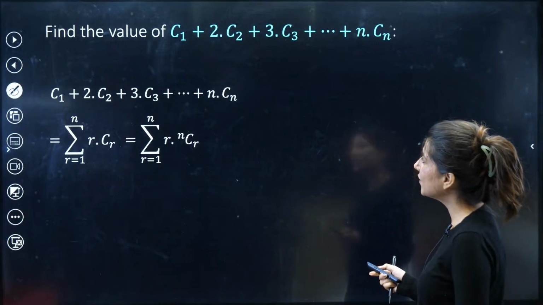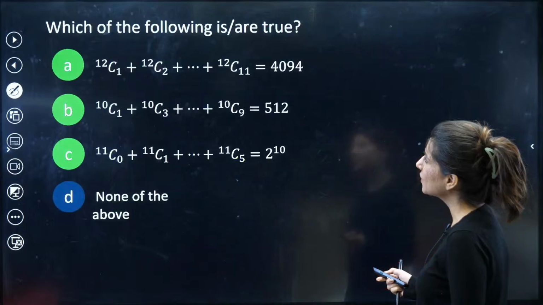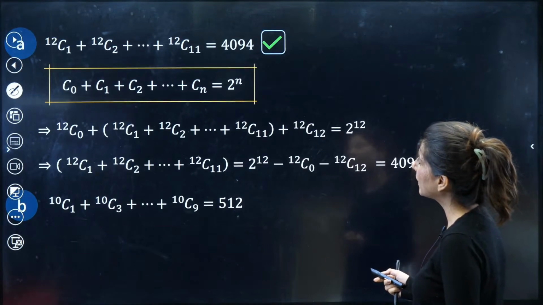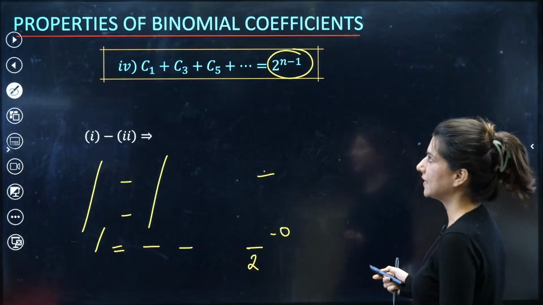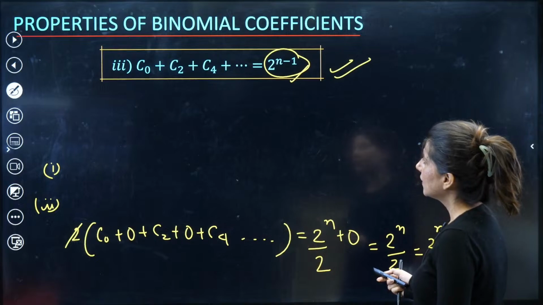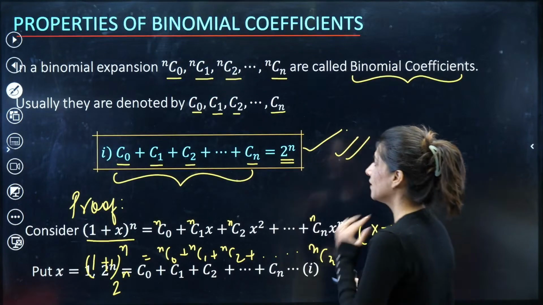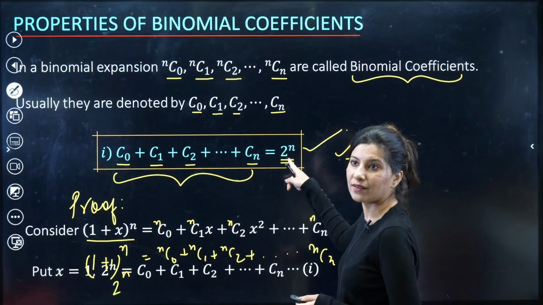The first 5 properties we were doing, let me go back. Very easy properties. Can you see? NC0 plus NC1 and all the way up to NCn is 2 raised to power n.